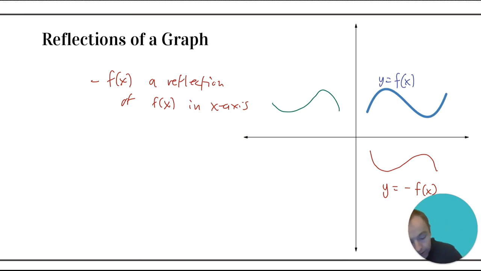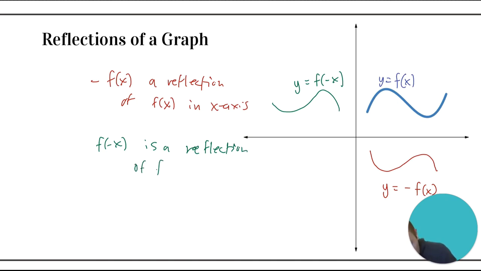So this graph right here ends up being the graph of y equals f of negative x. So you have opposite x values, but the y values are still going to be the same. And so, yeah, whenever you graph f of negative x, it is always going to be a reflection of the original graph of f of x. And it reflects in the y-axis because it's going to reflect over that particular line, right?